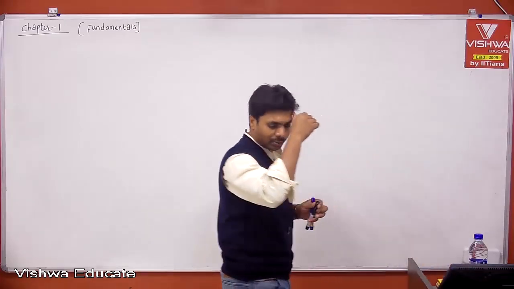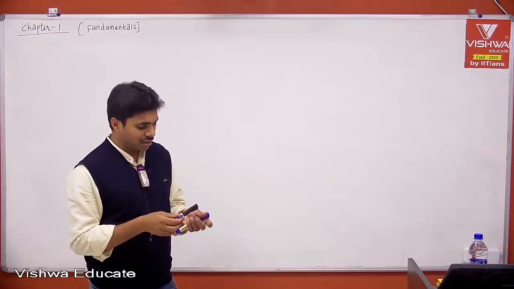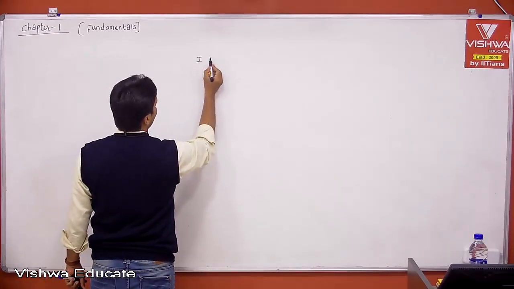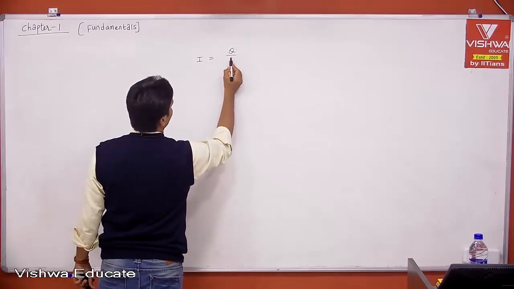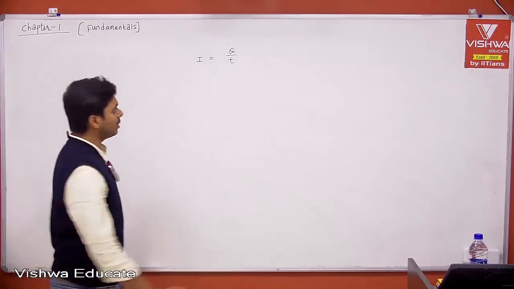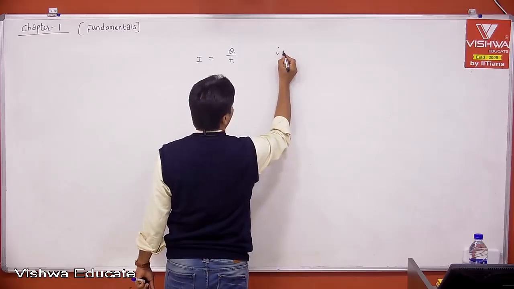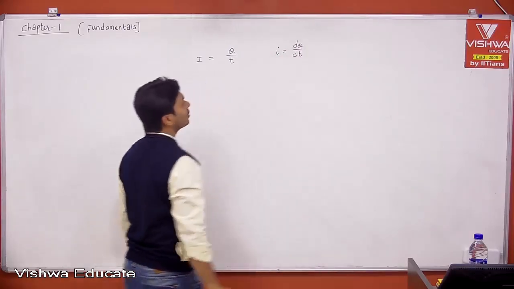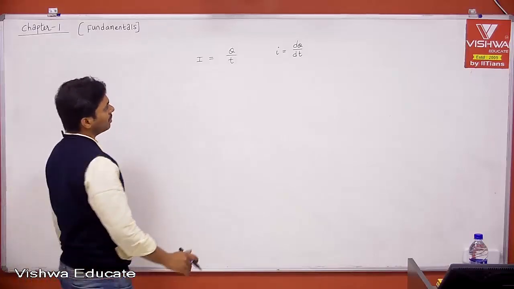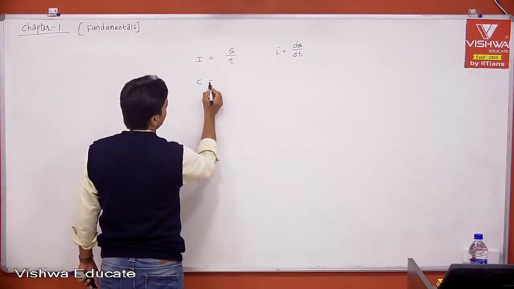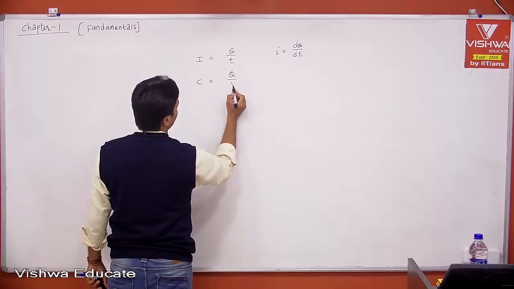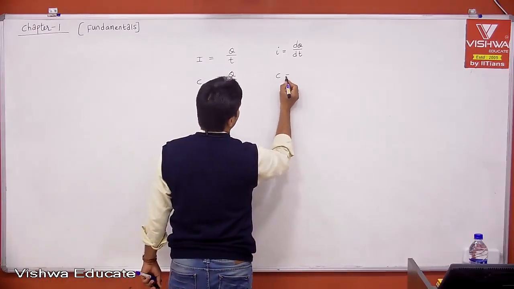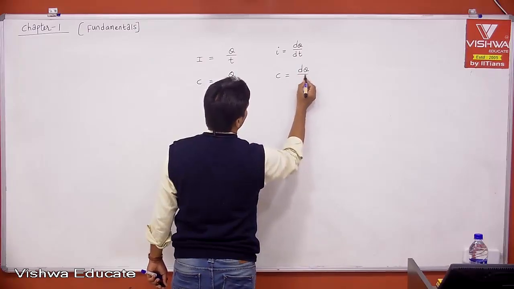But not only resistance. This is generic. Sometimes people define current I is equal to Q by T. Sometimes people define the same current, small i, as dQ by dt or delta Q by delta T, anything is fine. Sometimes people define capacitance C is equal to Q divided by V, and sometimes the same capacitance C is equal to dQ by dV.